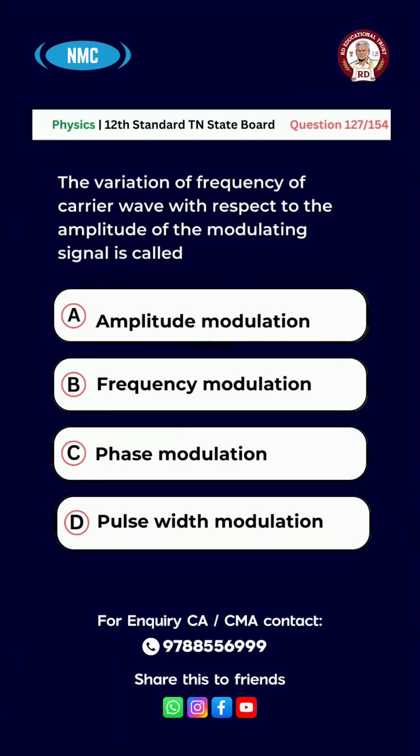Question number 127. The variation of frequency of carrier wave with respect to the amplitude of the modulating signal is called: option A, amplitude modulation; B, frequency modulation; C, phase modulation; D, pulse width modulation. The right answer is option B, frequency modulation.